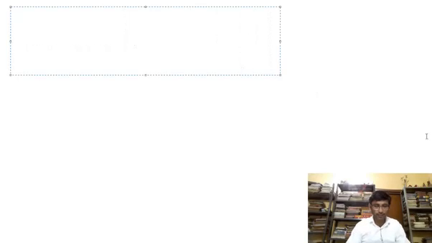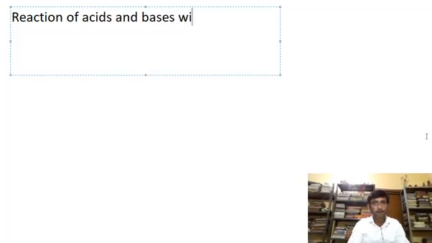Okay, now we are going to see some properties of acids and bases. The first property that we are going to see is the reaction of acids and bases with metals.